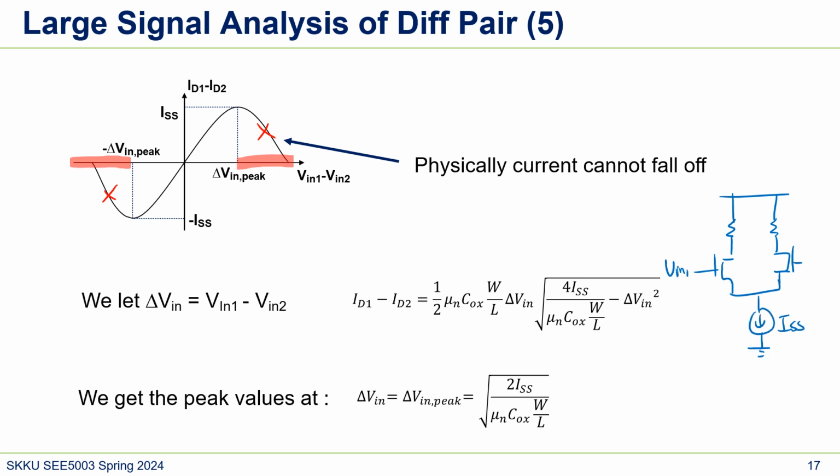With Vin1 and Vin2, if we go this way, that means Vin1 is a lot larger than Vin2. If this becomes too large, then current will just flow here. So there's no current in M2, and only M1 will flow the current. Because ID1 plus ID2 is ISS, it just saturates.